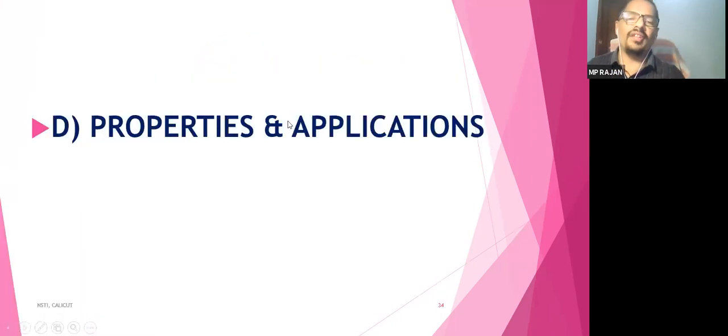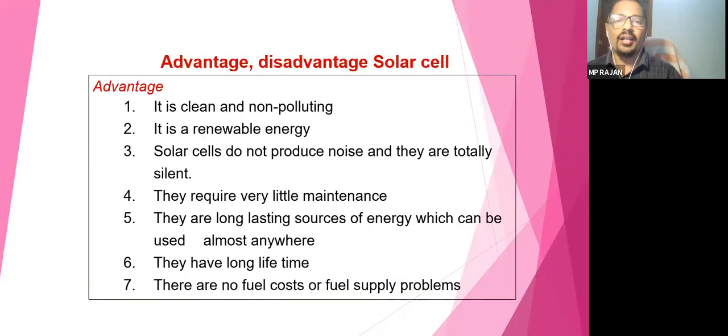Now last we can see what are the properties of a silicon cell, advantage or disadvantage of silicon cell. Okay, so we all know, the last class also we have discussed, this is a free energy source. Sun is giving us a free energy. So it is a very clean and non-polluting.